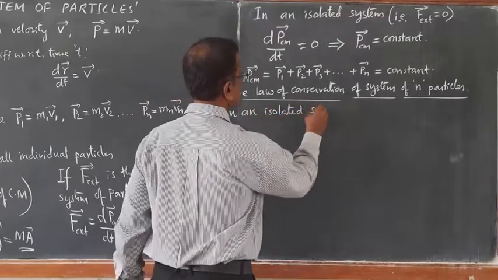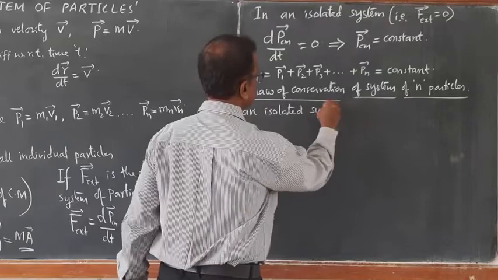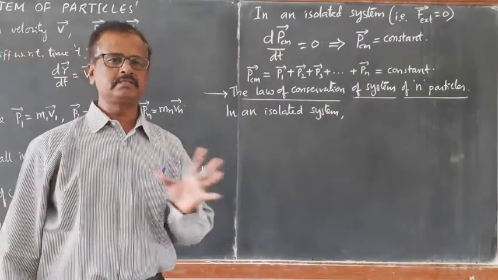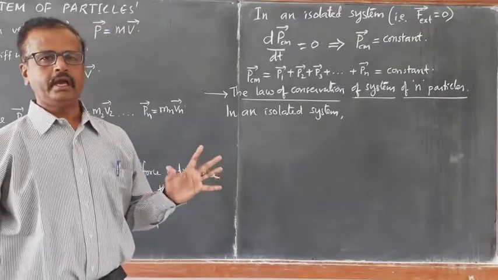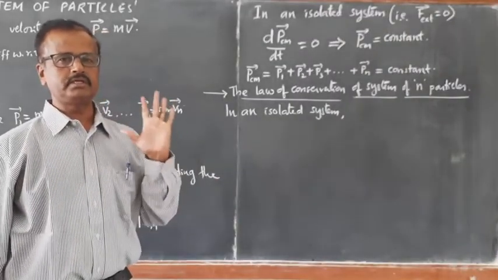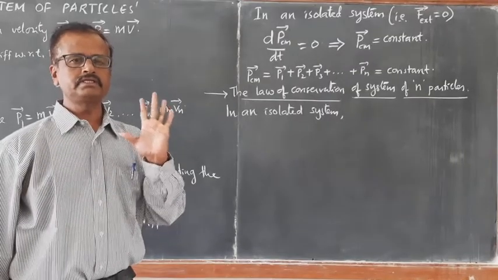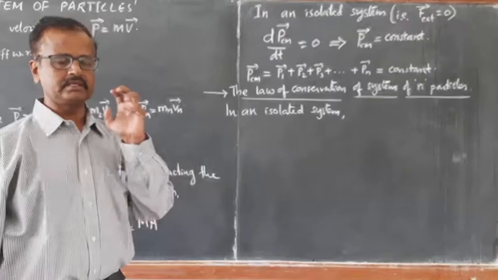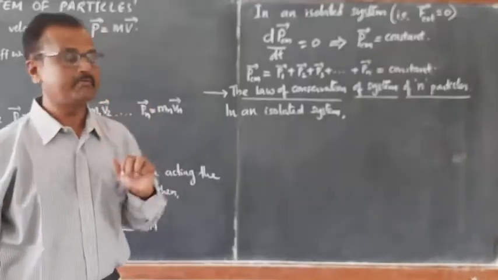In an isolated system, we assume the mass of the particles do not change and the system of particles is moving with some constant velocity, that is constant velocity of system of particles, that is constant velocity of center of mass.